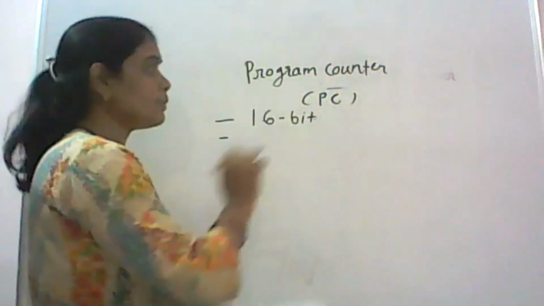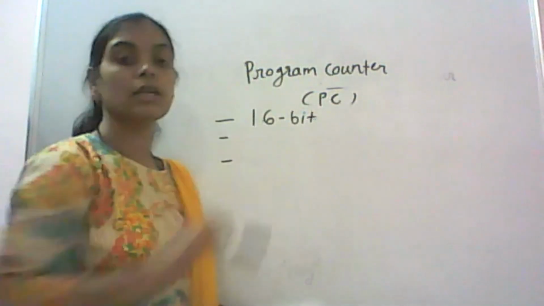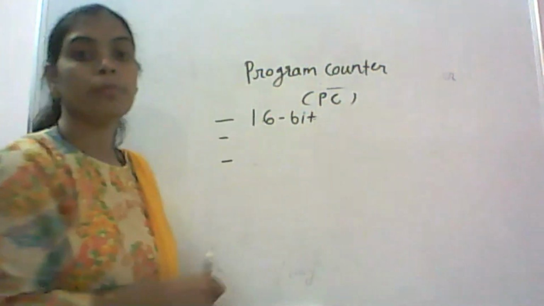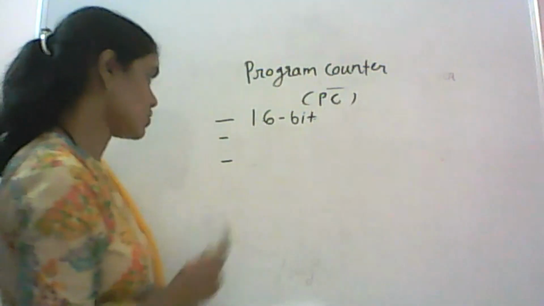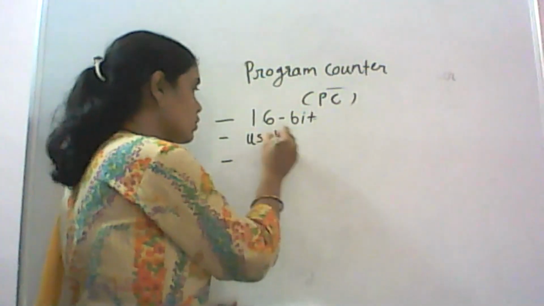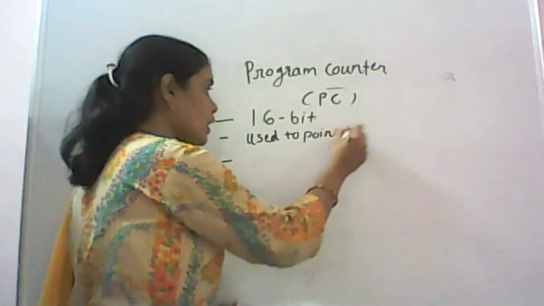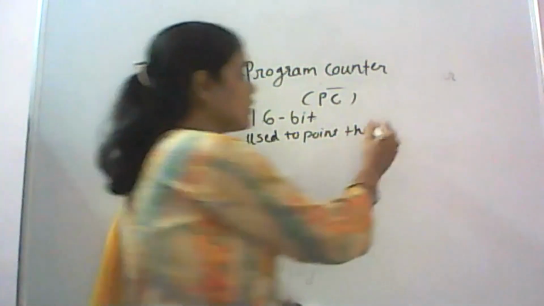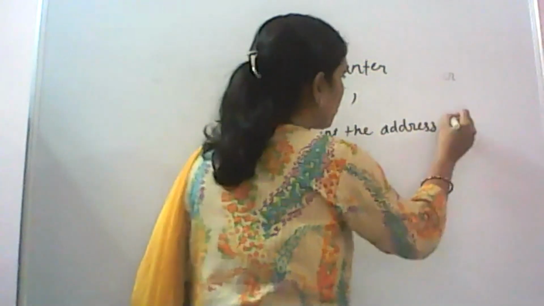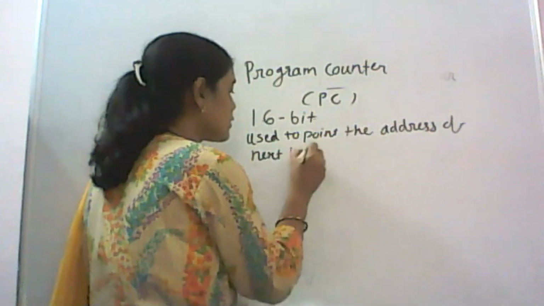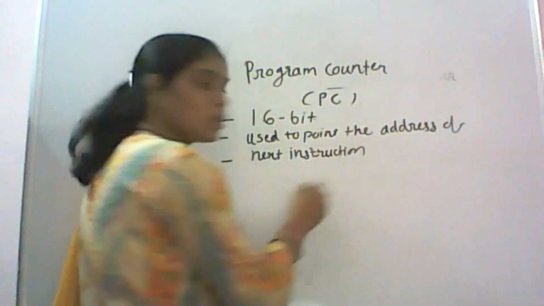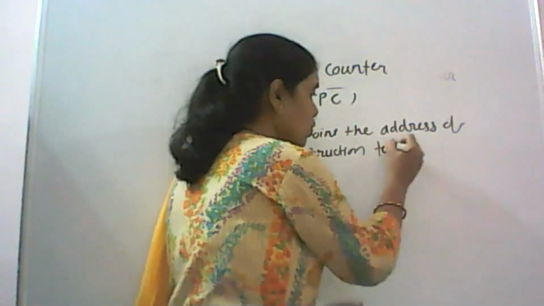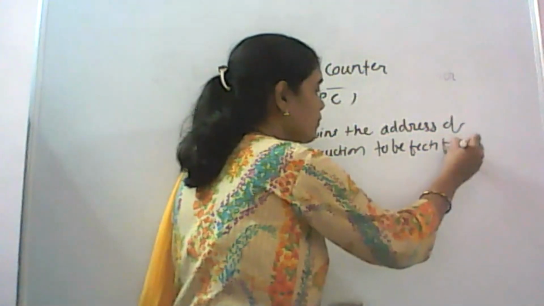See the program counter, denoted by PC. The program counter is a 16-bit register. It is used to point to the address of the next instruction, the address of the next instruction to be fetched from memory.